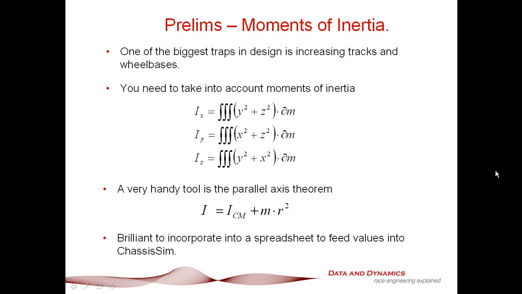That's the way I would do it. But I would really encourage you to incorporate your moments of inertia into what you are doing when you start playing around with your tracks and wheelbases. And the great thing about ChassisSim being transient is that you'll be able to see that as you work through the design process.